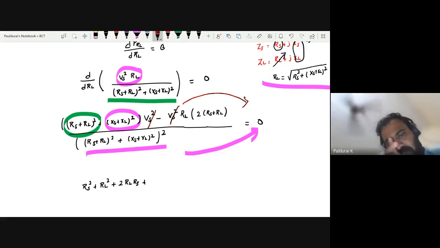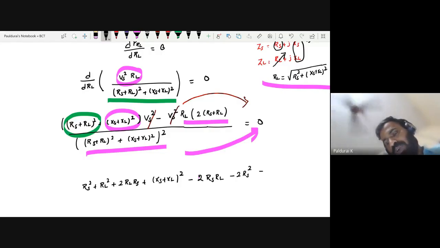You will get 0. What else remains? Xs plus XL squared. Minus 2 times Rs RL minus 2 times Rs squared equals 0.